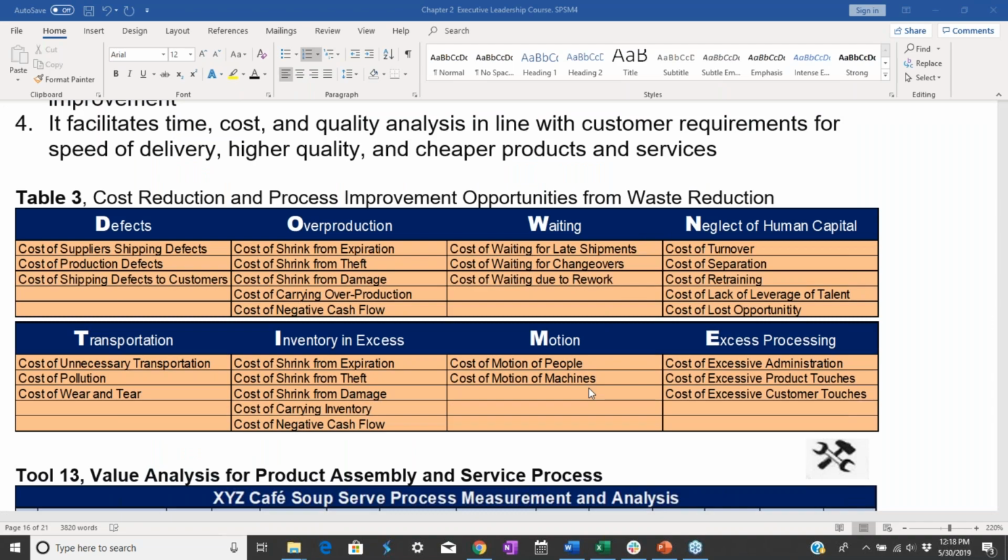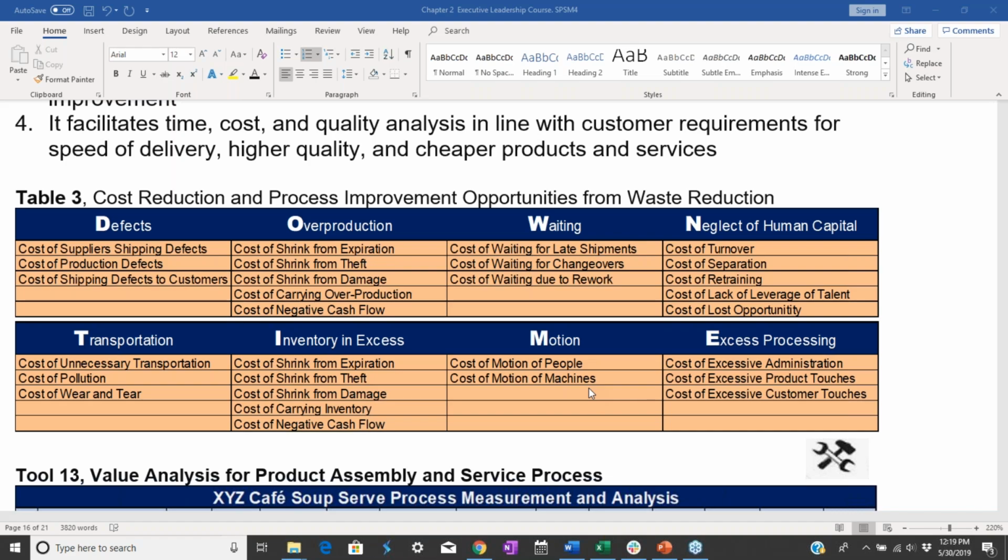I've seen processes where waiting was the biggest category. And I've seen other processes where motion and transportation were the biggest categories.